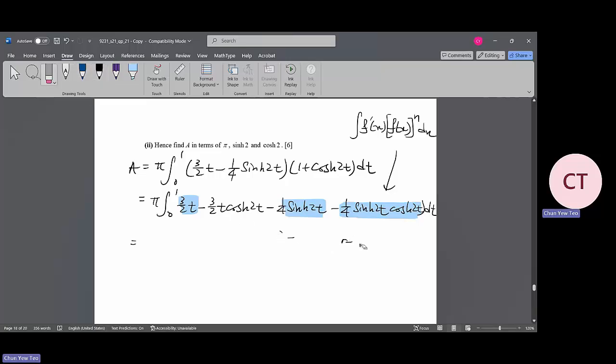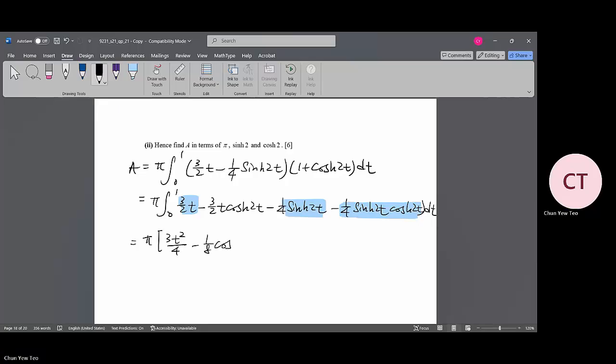So we will have to separate them into 2 over here. This one is straight away integrate. You get 3t squared over 4 minus 1 over 8 cos 2t.